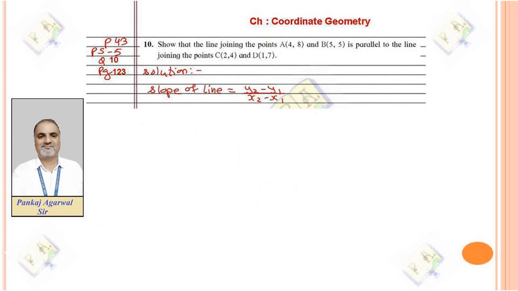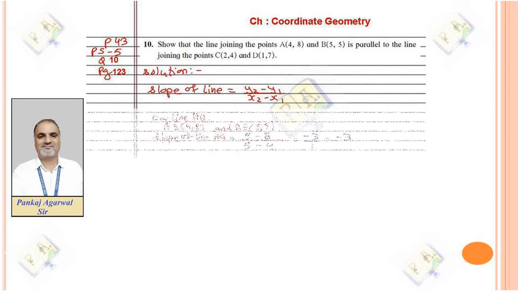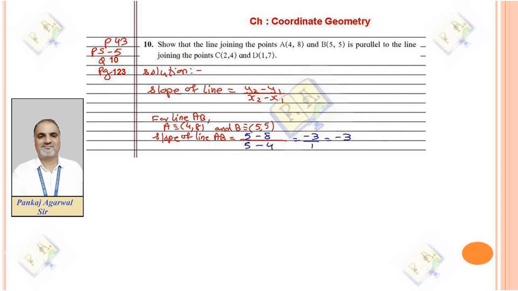P43 is slightly different. Show that the line joining the points A coordinate 4, 8 and B coordinate 5, 5 is parallel to the line joining the points C coordinate 2, 4 and D coordinate 1, 7. In this question, we are supposed to find the slope of two different lines. So, we will write the slope of a line formula y2 minus y1 whole upon x2 minus x1 and calculate the slope of line AB, which is minus 3.